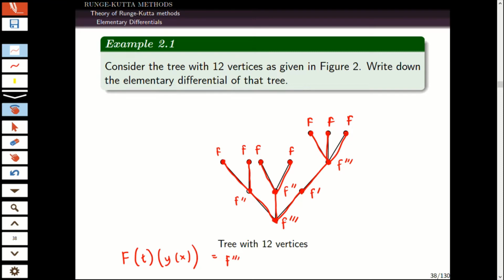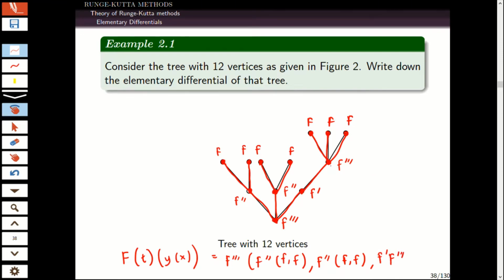For this term I have 1, 2, 3, so I have f double prime (f, f), and then comma f double prime (f, f), and then comma f prime, and then f triple prime.